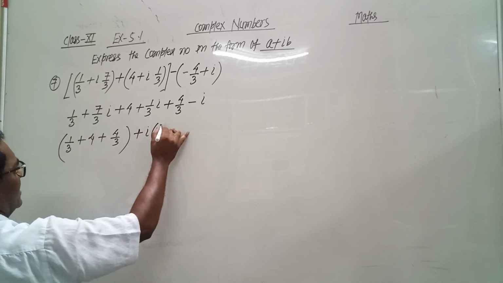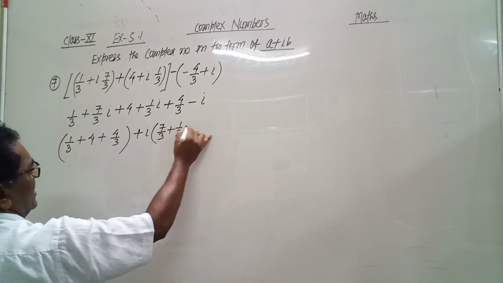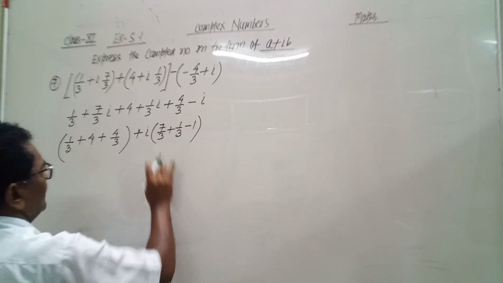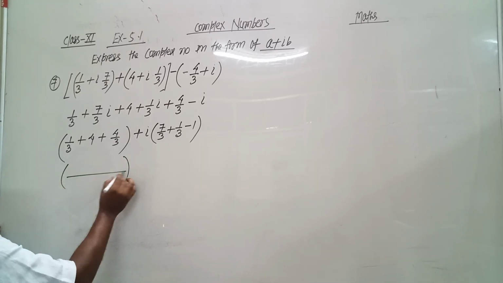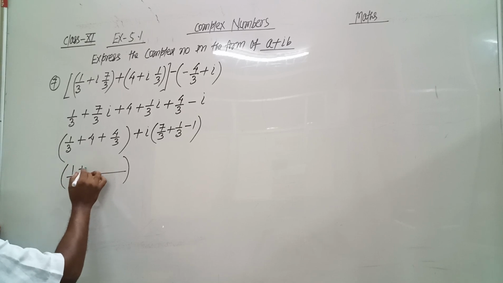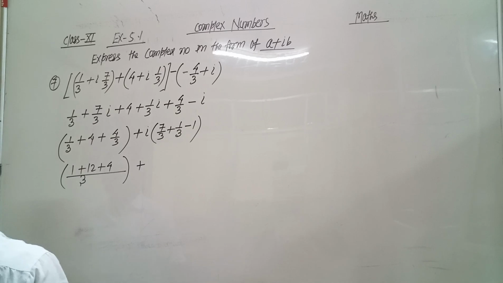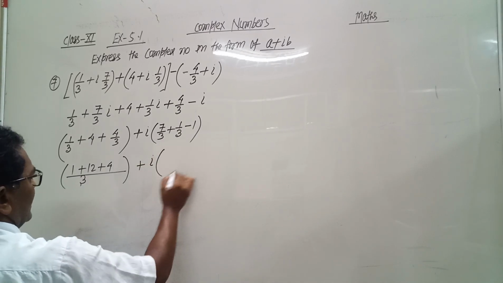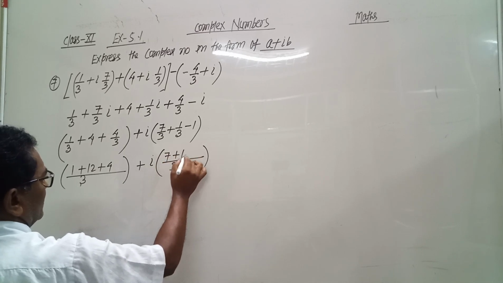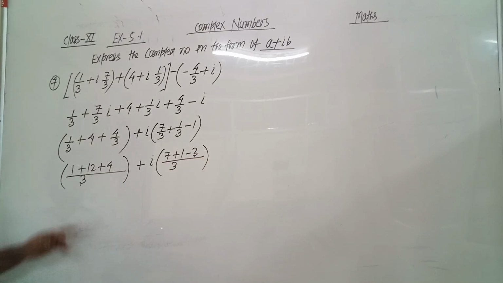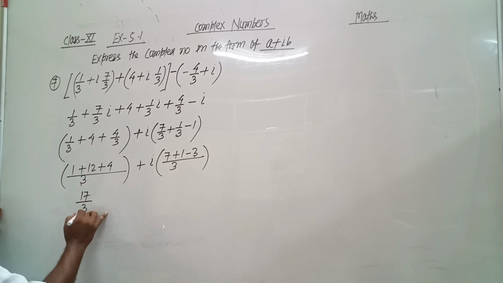So we get 7 by 3 plus 1 by 3 minus 1. From the real term, we take LCM 3: 1 plus 12 plus 4. Again taking LCM 3, we get 7 plus 1 minus 3. So 12 plus 4 is 16, plus 1 is 17, giving 17 by 3.